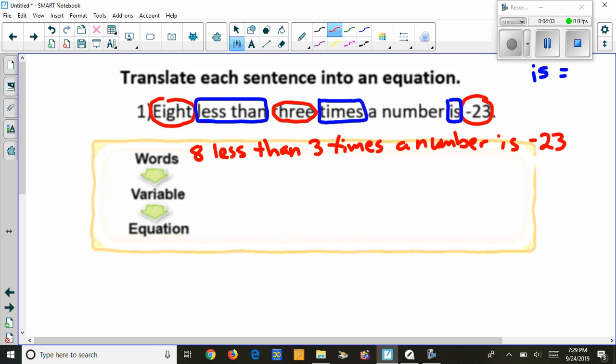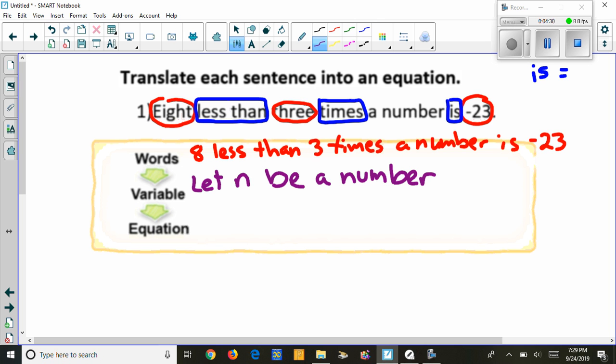Next step, I need to assign a variable. And we'll say that we're going to let n be a number. So in this case, where it said a number in the actual statement, we're going to replace it with n.